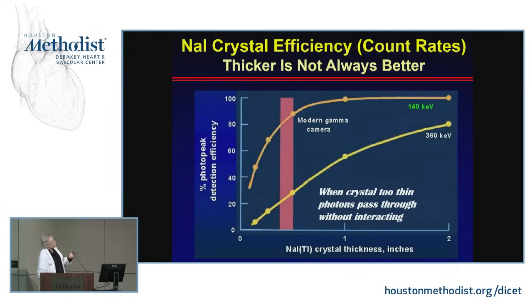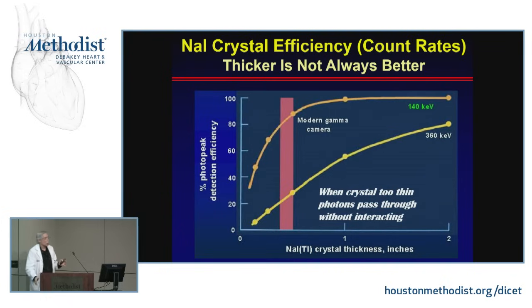There is a certain thickness of sodium iodide crystal which is best. You might think of it this way: there's an ideal thickness for everything, depending on the energy of the photon. We see this in CT also. If you have a very high energy photon, it's going to pass right through the crystal and never be imaged.